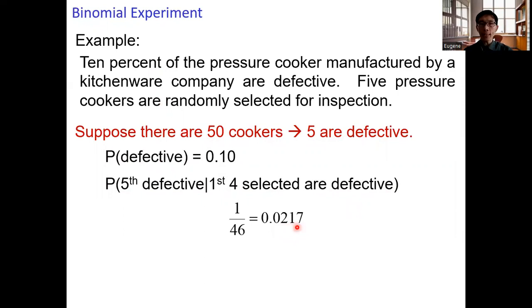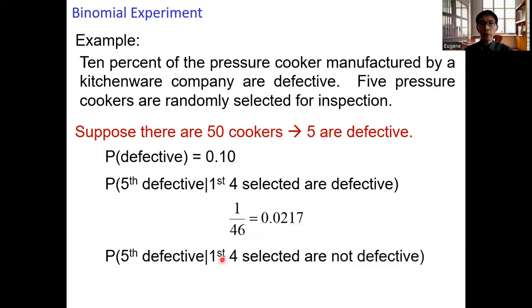And consider the case that the first 4 cookers selected are not defective. Then the probability that the 5th cooker is defective is 0.1087.